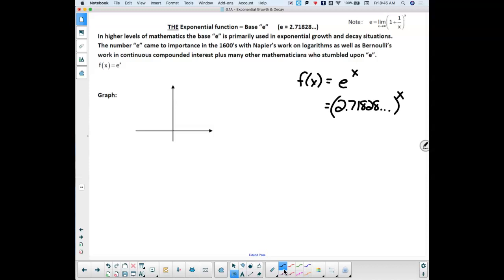Okay, what else? What other aspects of that function can you tell me? From yesterday. Things we talked about yesterday. What do you got? Horizontal asymptote. Yep. Okay, so it's got a horizontal asymptote of y equals 0. We said it was a growth. What else?